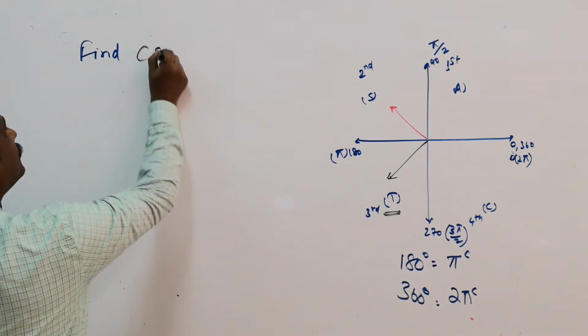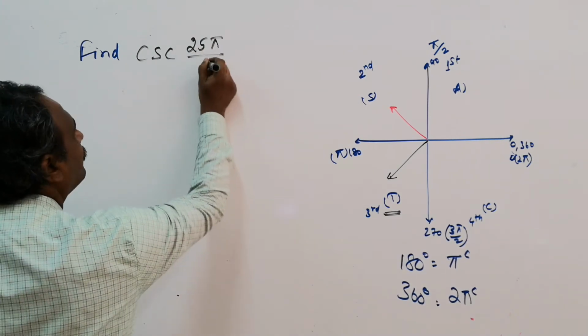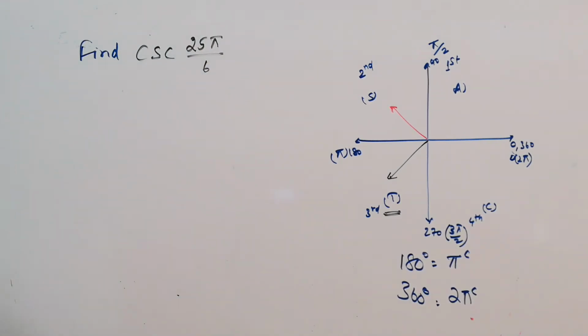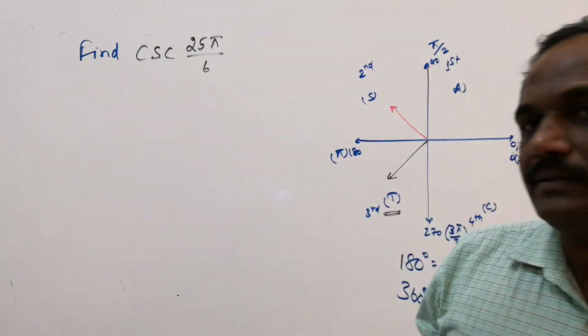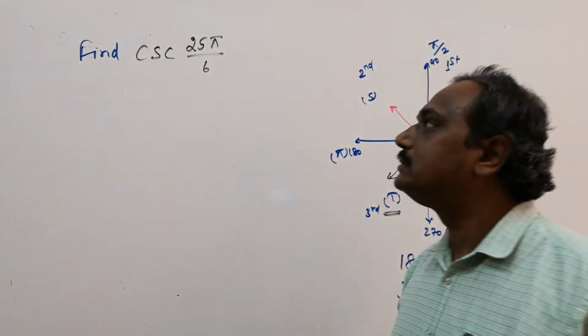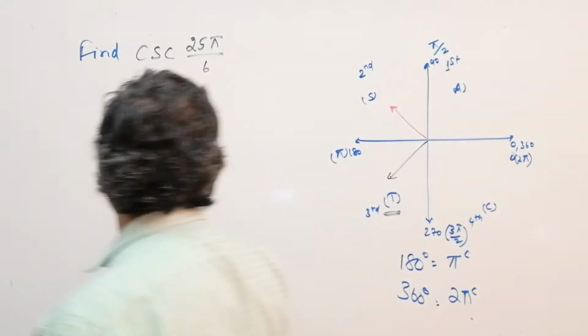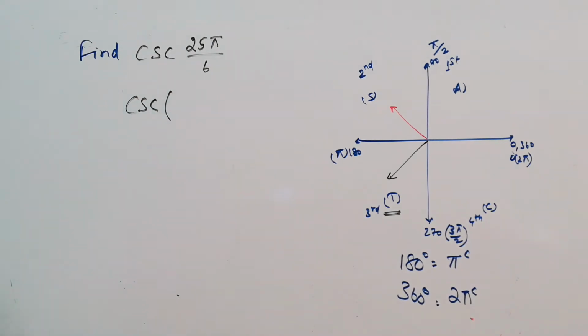Find cosecant 25 pi by 6. How to find this? So first what I am going to do now is express this in terms of multiples of pi.